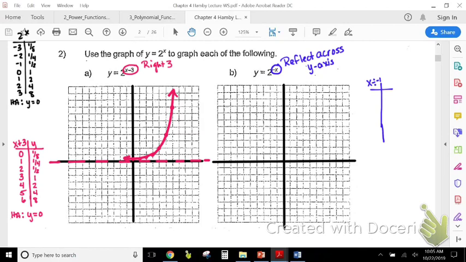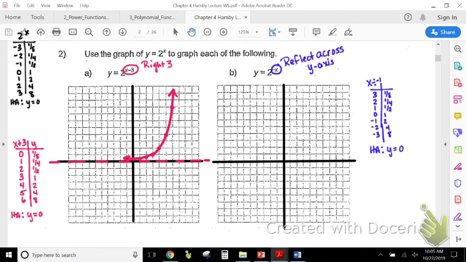Now remember, go back to your parent table, not the table I just did in pink on the other side. All right, so divide all your x's by negative 1. Does it affect my y's? No, so they're going to stay the same. And what about my horizontal asymptote? Will it change?